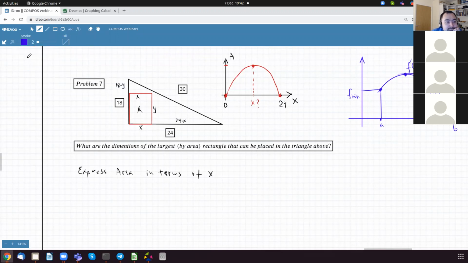We can note that these triangles are similar. Actually, I can do it much simpler.